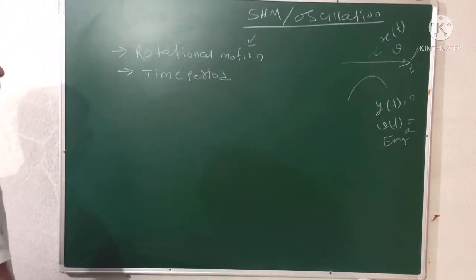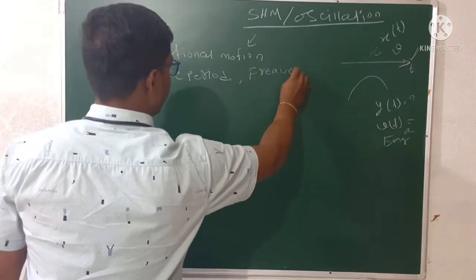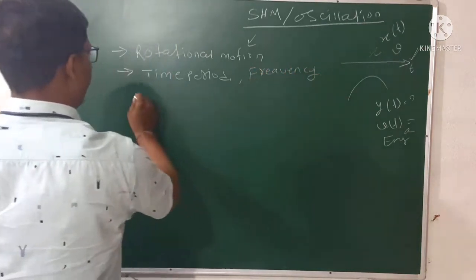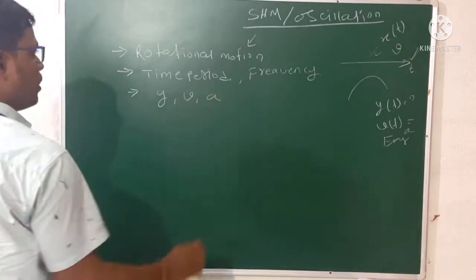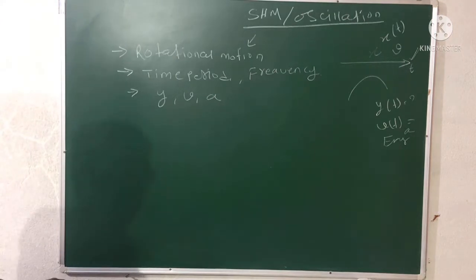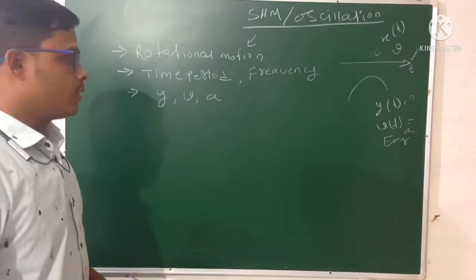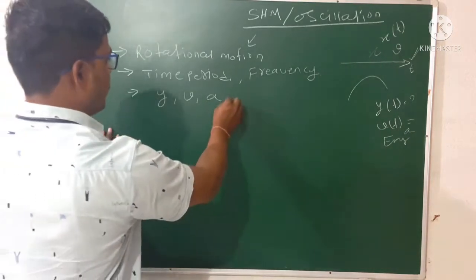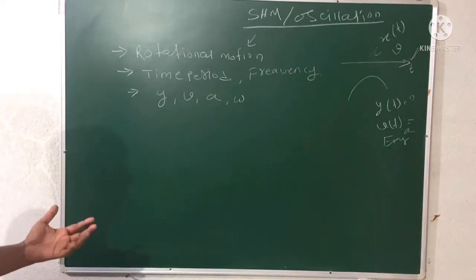But what is the time period and what is the frequency? Then the position, velocity and acceleration. There is also an angular frequency, or angular velocity, that is represented by omega. So we will discuss everything in this part.